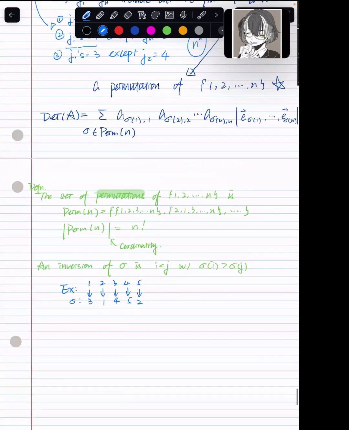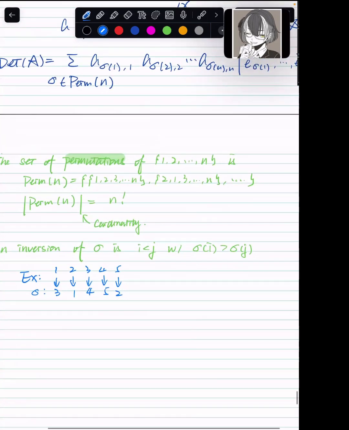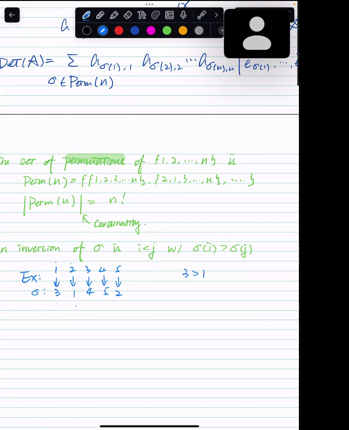And the inversion of the sigma means if I have a lower position, but in this lower position, I have a higher number than the next one. For example, in this case, I have 3 is greater than 1, where 1 is smaller than 2, but 3 is greater than 1. All right, and I have 3 is greater than 2. In this case, j is 5 and i is 1.